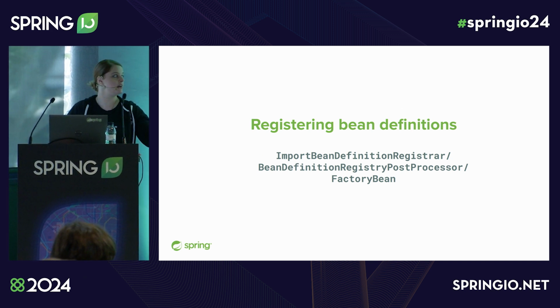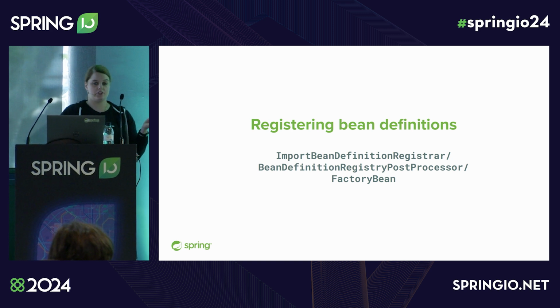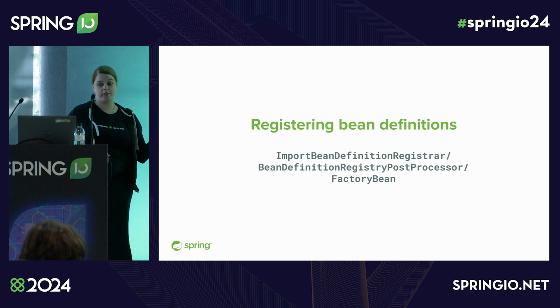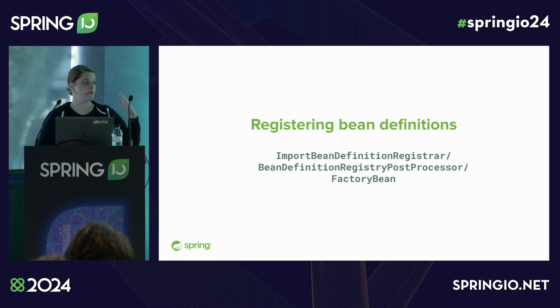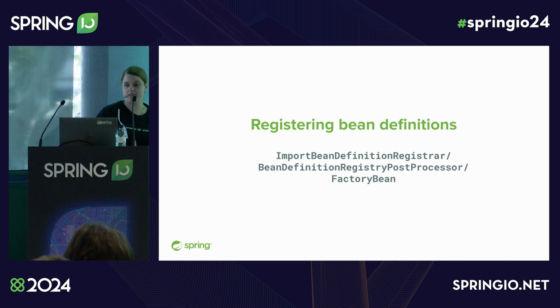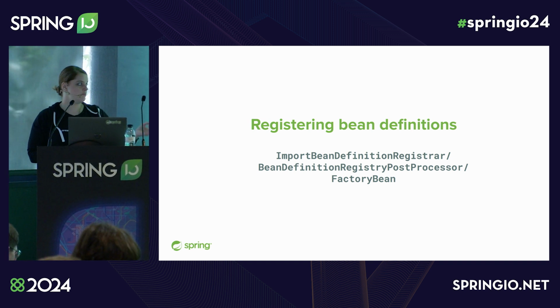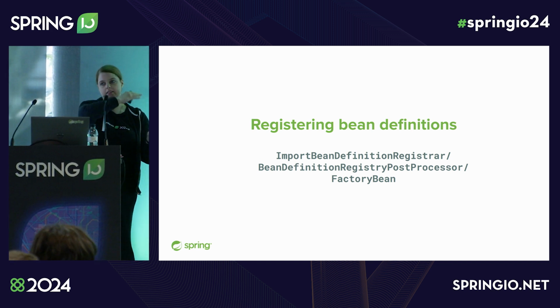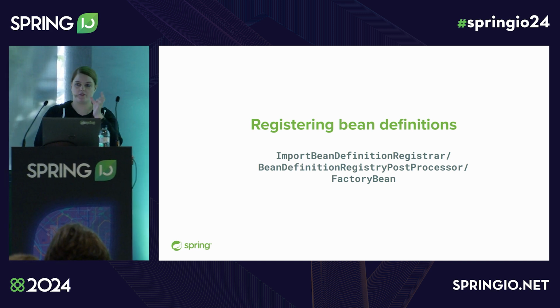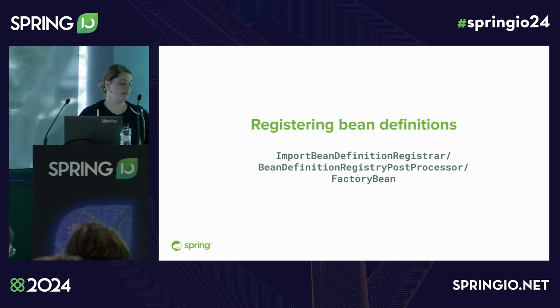So if you want to import additional bean definitions, you can use it. But there is also BeanDefinitionRegistryPostProcessor, where you can basically modify the bean definition registry. And then again, you can have a very simple bean definition or create a FactoryBean. That's what we use in OpenFeign. That allows you to do more setup and, for example, store the service ID and other details.